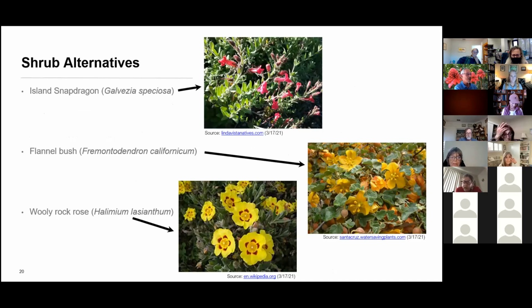Alternatives here include island snapdragon, flannel bush, our native Fremontodendron californicum, and woolly rock rose, which we have in our garden, and it's really lovely.